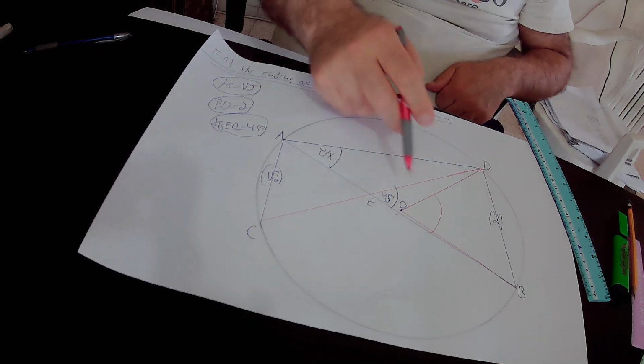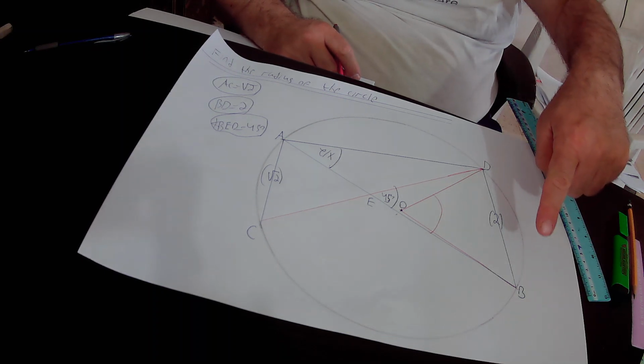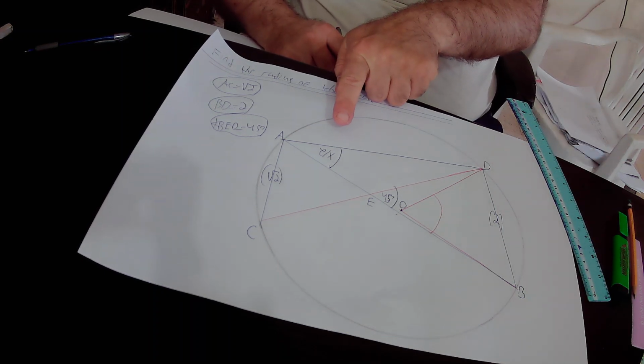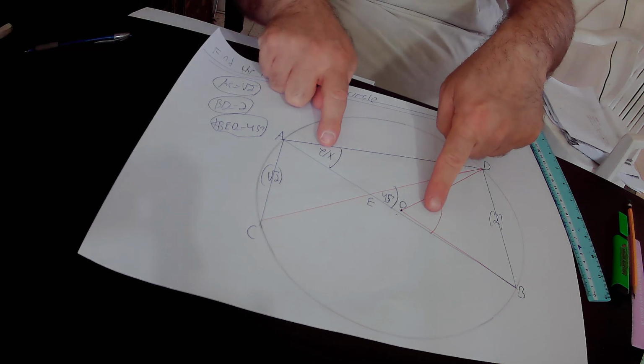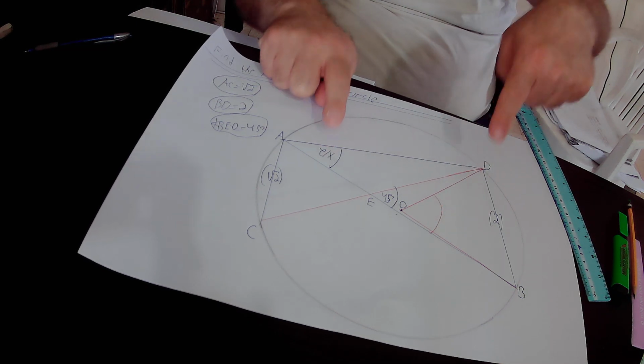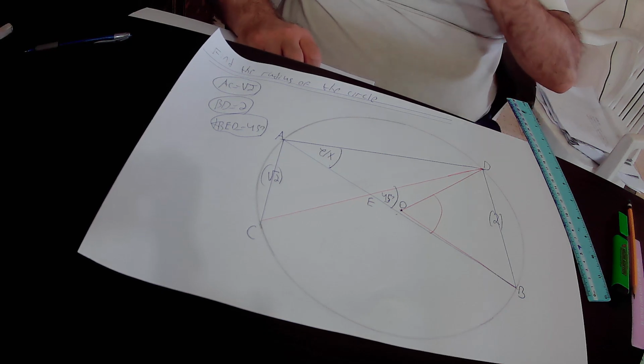This center angle DOB is subtended on the same chord called DB, exactly like this peripheral angle DAB is also subtended on the same chord DB. So now we can implement rule 13 in our drawing.